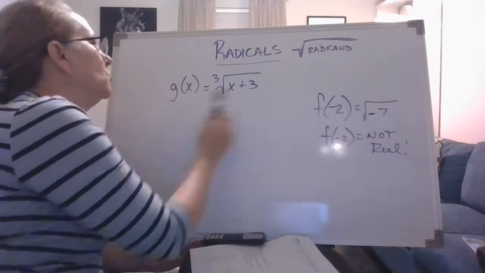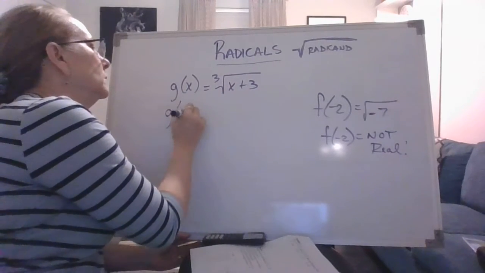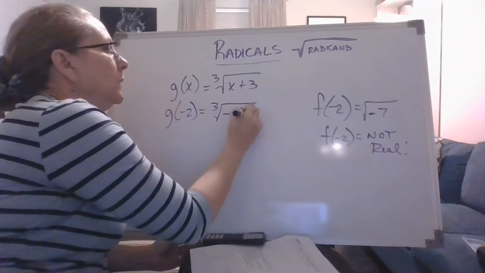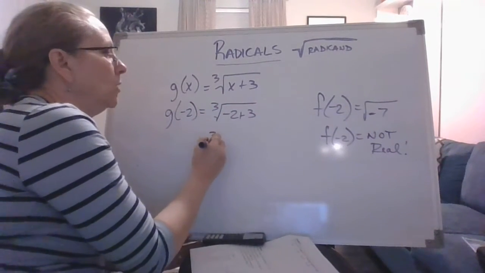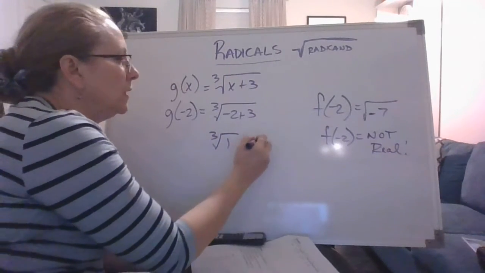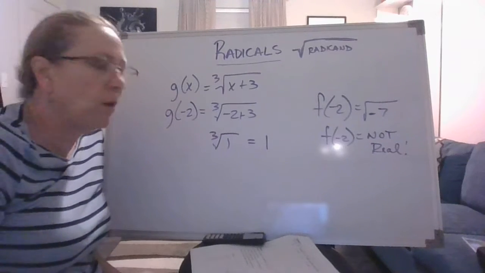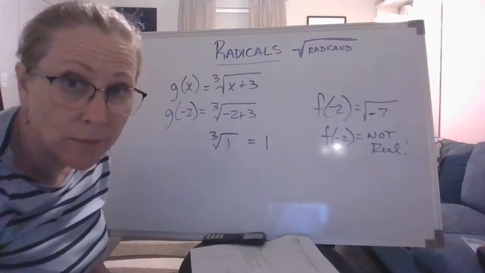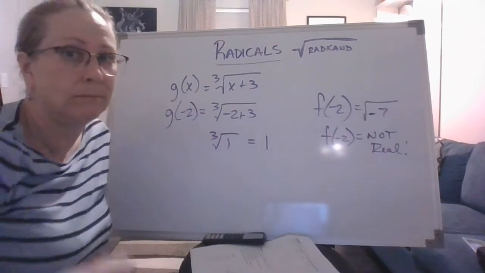Well, let's try g of -2 and see if that one's a real number. -2 plus 3 is 1. Cube root of 1. That one's pretty super easy. Cube root of 1 is 1.